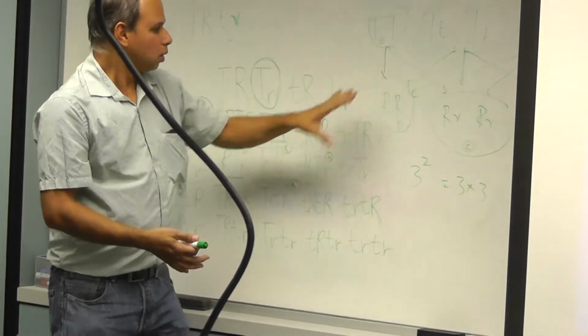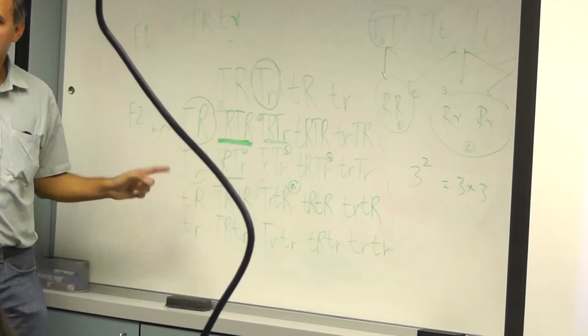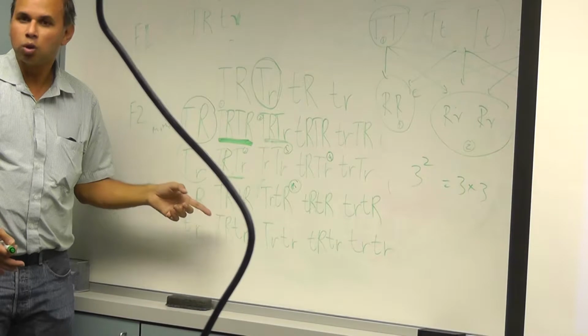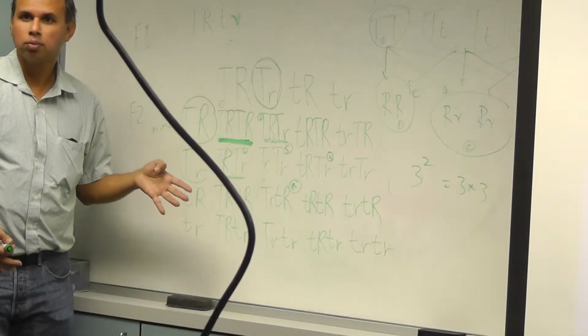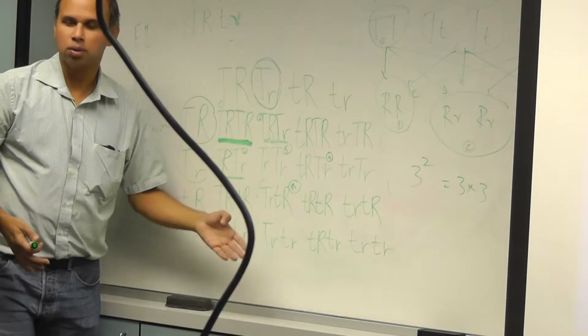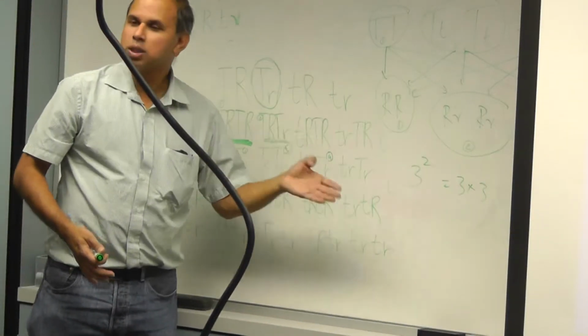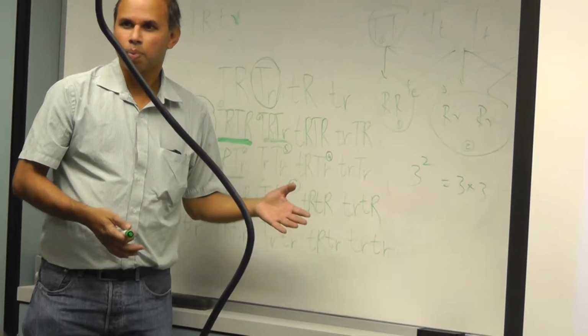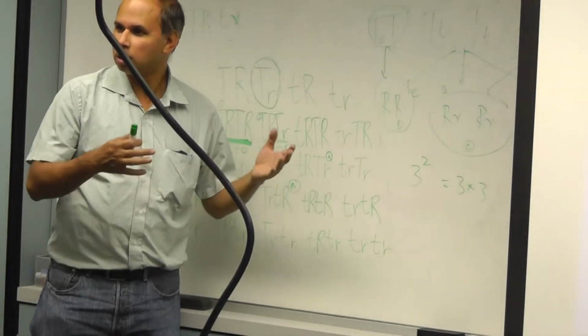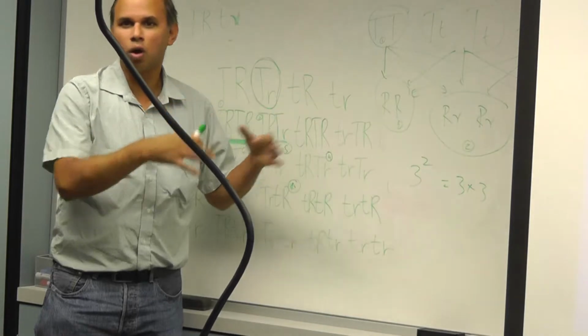And if there are 9 genotypes, will there also be 9 phenotypes? No. Will it be more or less? There would be less. Always less. Good. So, question is how much less? And how do you get that? Can anybody figure out how to get that?